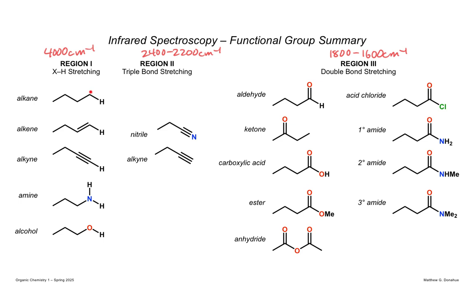So that's sp3 hybridized carbon H. We have alkene sp2 hybridized carbon H. And then we have a certain type of alkyne sp hybridized carbon H. Amine, if it's primary or secondary, we have NH, and then alcohols will always have OH. So carboxylic acids would be in here as well. You would see that OH.